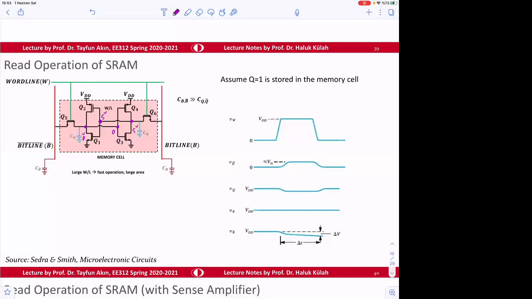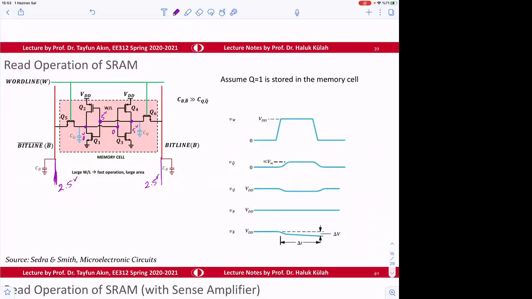So if you want to read the data out, instead of putting both here and 0, we initially set this line and this line, by external electronics or an external part of the chip, to 2.5 volt. There are different arrangements, but typically this is what we do.